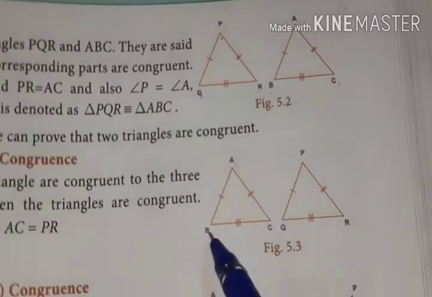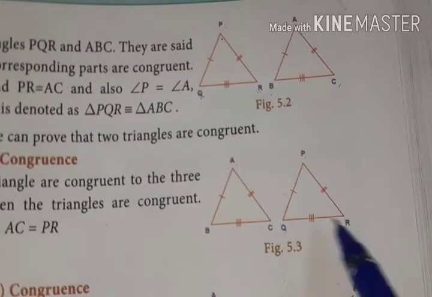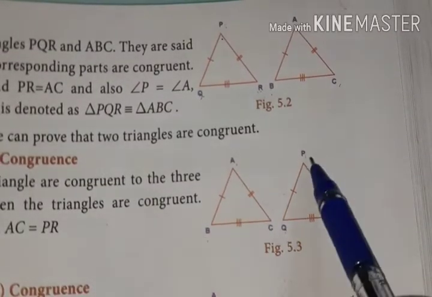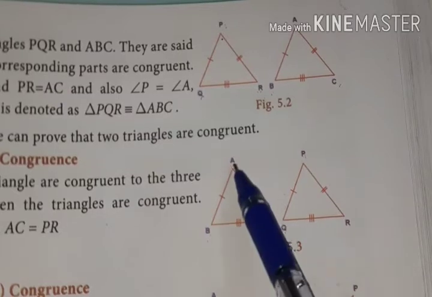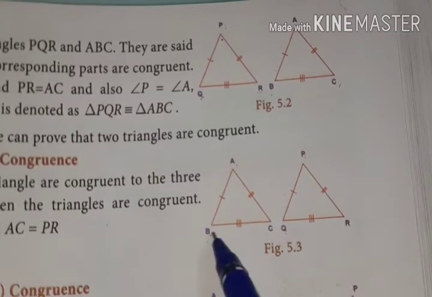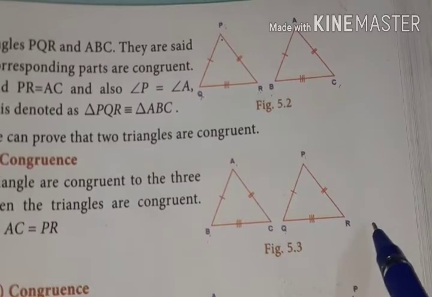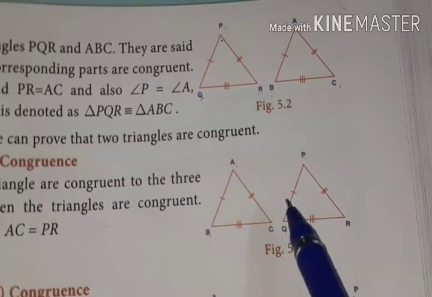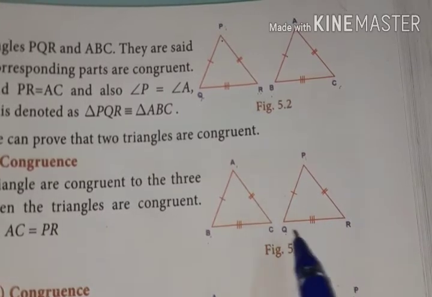See these examples, triangle ABC and triangle PQR. AB and PQ are equal, AC and PR are equal, next BC and QR are equal. This is the SSS test.